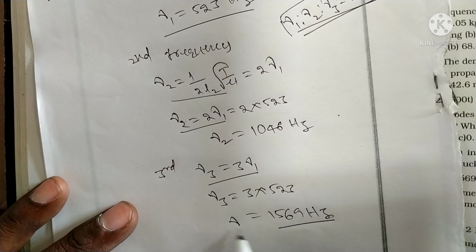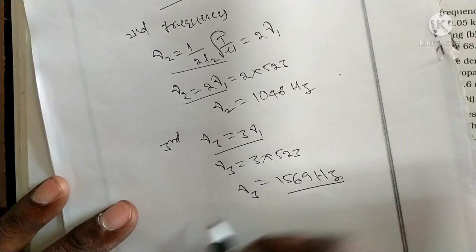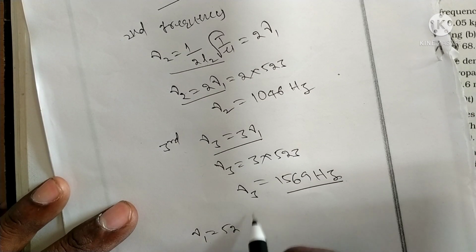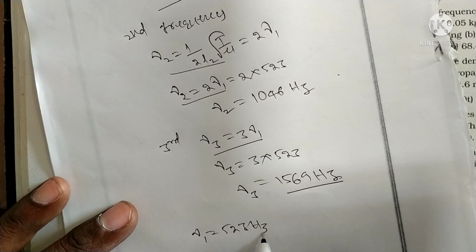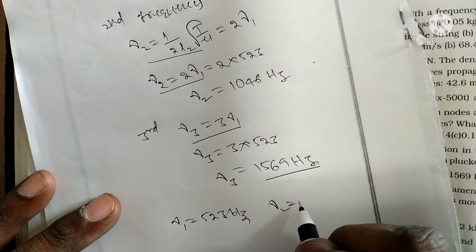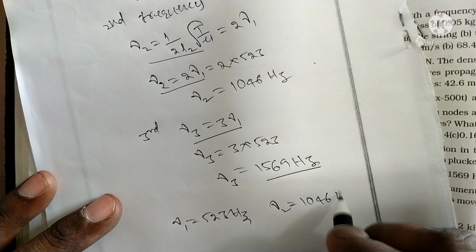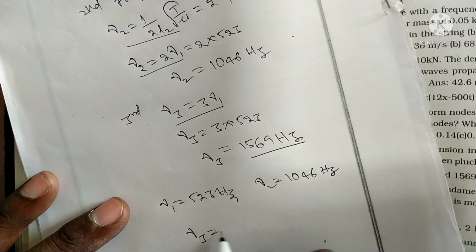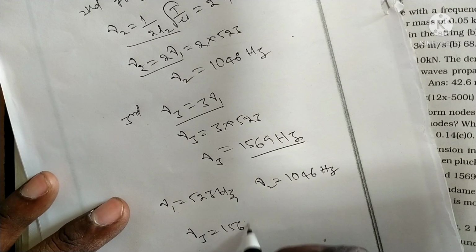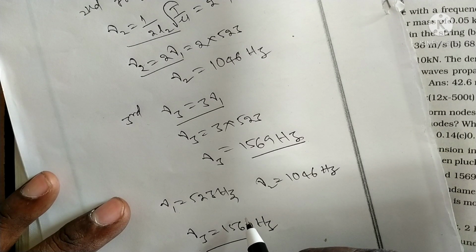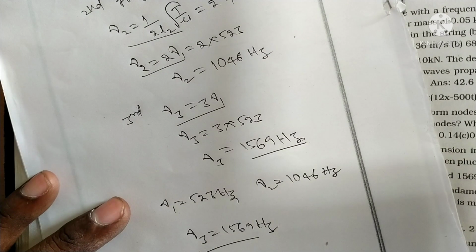So nu1 is equal to 523 Hz, the second frequency is 1046 Hz, and the third frequency is 1569 Hz. These are the frequencies of the modes of vibration in a stretched string.